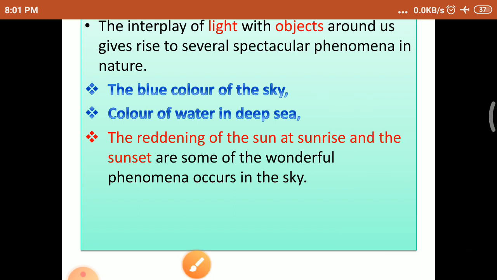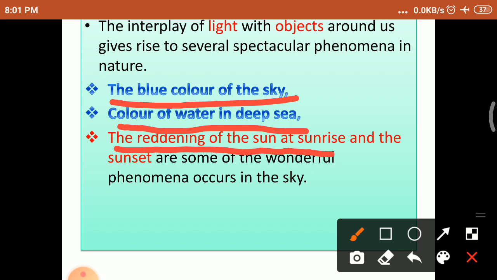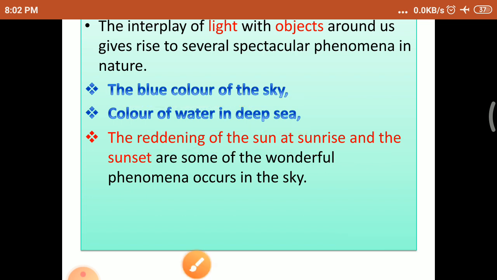One is the blue color of the sky, another is the color of water in the deep sea, and the third is the reddening of the sun at sunrise and sunset. These are the spectacular phenomena in nature.